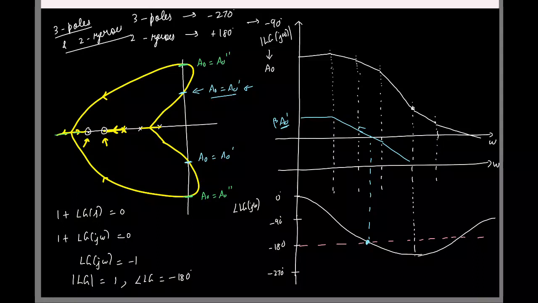Okay, actually, this is the gain. Something like this. So this corresponds to some A0 double prime, where once again when the phase is minus 180, the gain is 1.